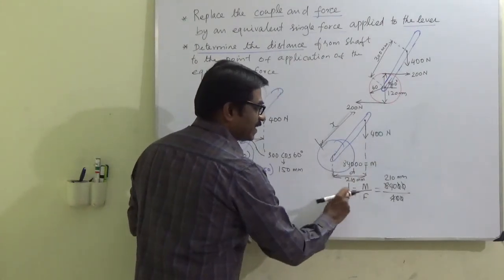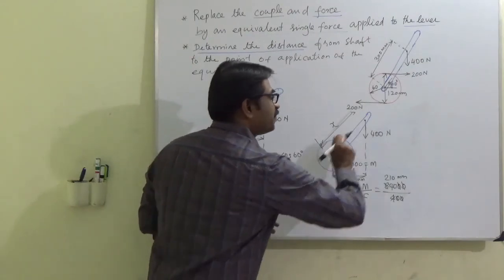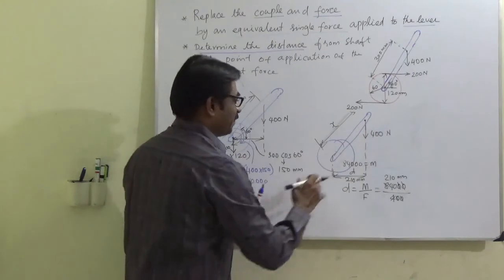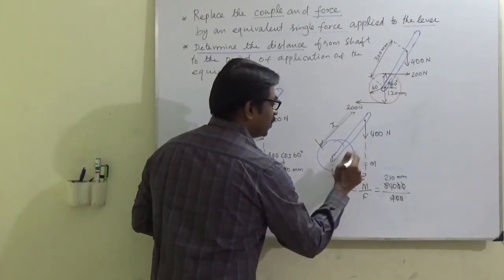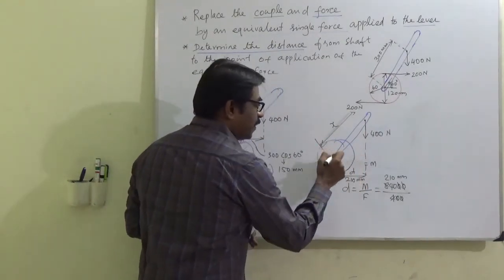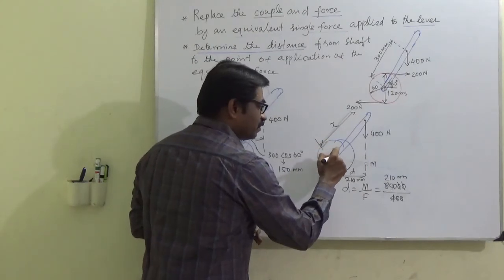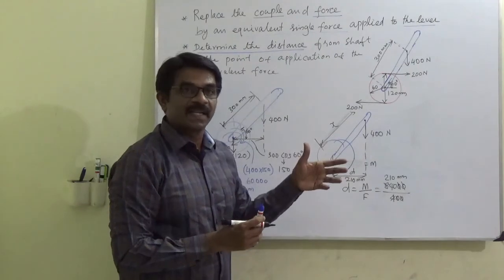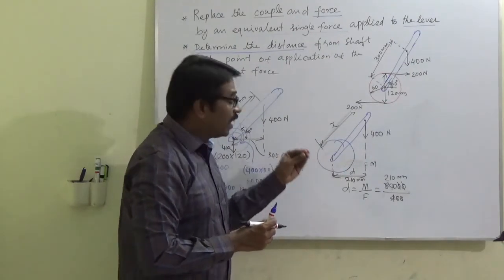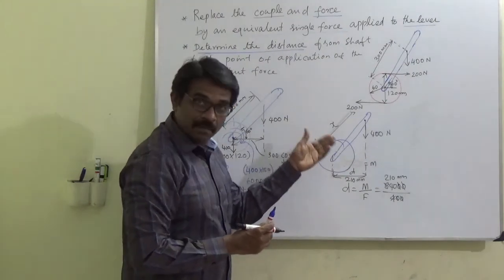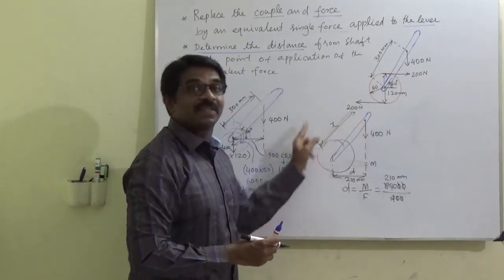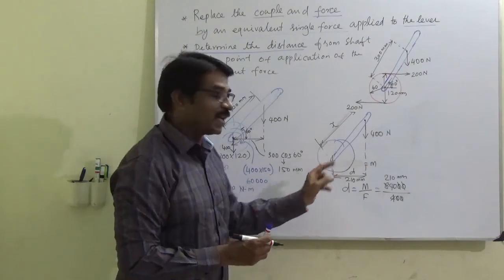The moment I get this distance and I am shifting the force, the couple is vanishing. So the couple and the force both together acting here will produce a particular effect. The same effect will be produced by this force at this X location. That is what we are finding now.